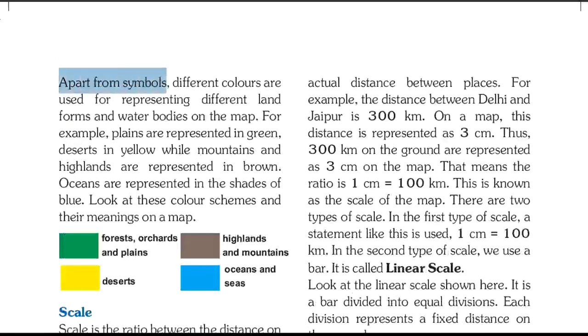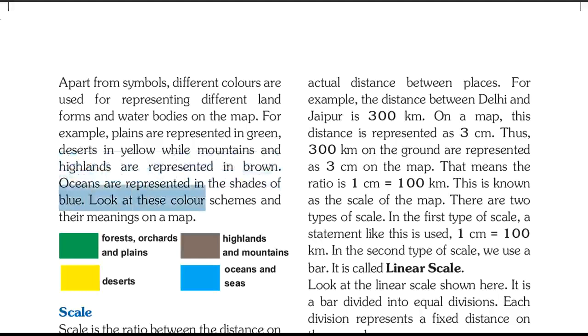Apart from symbols, different colors are used for representing different landforms and water bodies on the map. For example, plains are represented in green, deserts in yellow, while mountains and highlands are represented in brown. Oceans are represented in the shades of blue.